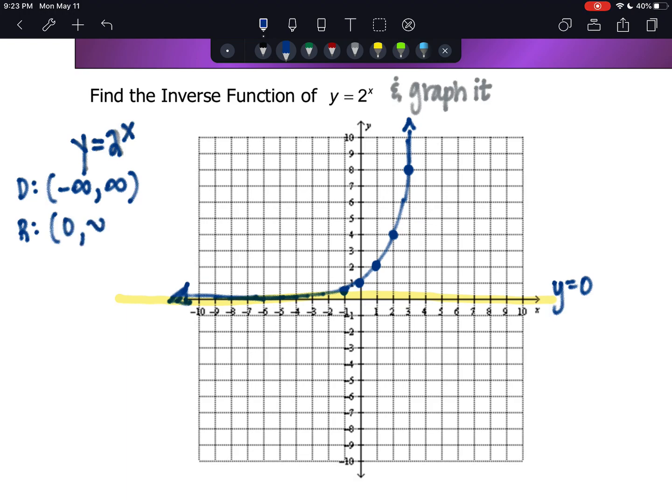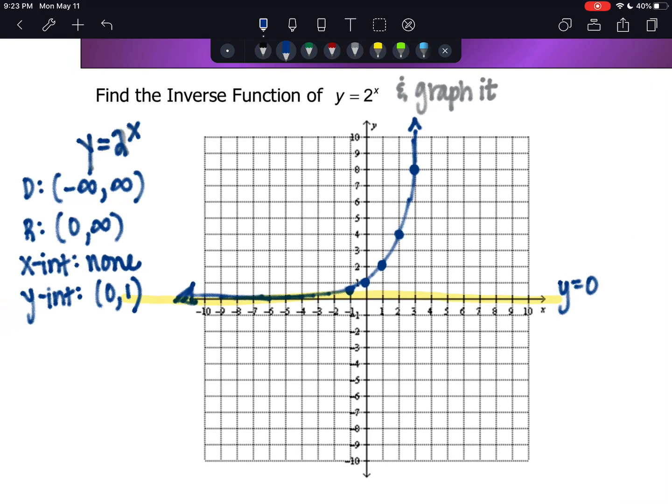Our range is 0 to infinity. Our x-intercept is none. Our y-intercept is 0, 1. And our asymptote is y equals 0.